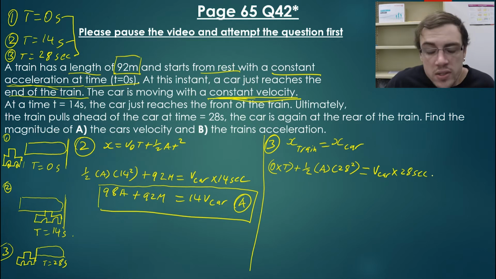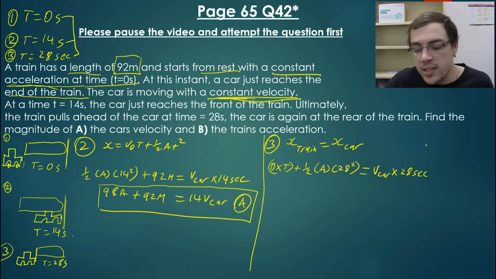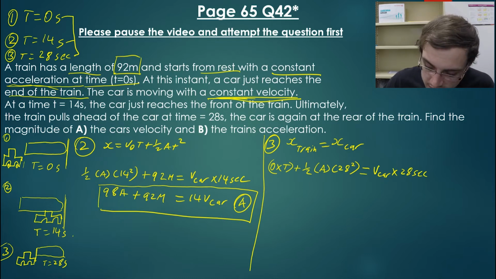The velocity is constant, so the acceleration will be 0, so the 1/2 at squared gets completely cancelled for the car. So what this means is, if we simplify this, we're going to have 392A is equal to 28 times v car. And that's going to be our equation B.